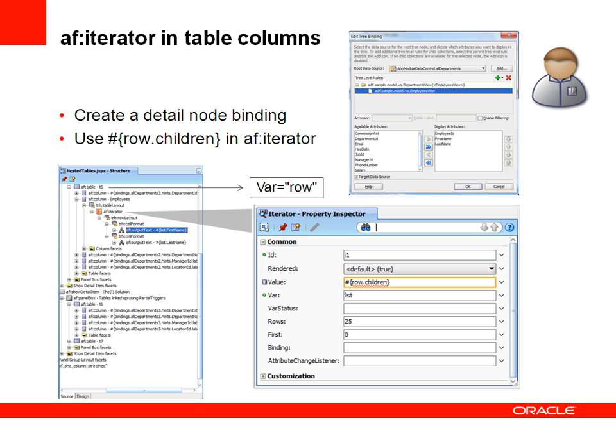And this table layout has an af:iterator. And this af:iterator iterates over the children. So its value is row.children, accessing the parent row variable dot children, which means it's looking for, is the parent row having any dependent children, and then it's iterating over it.